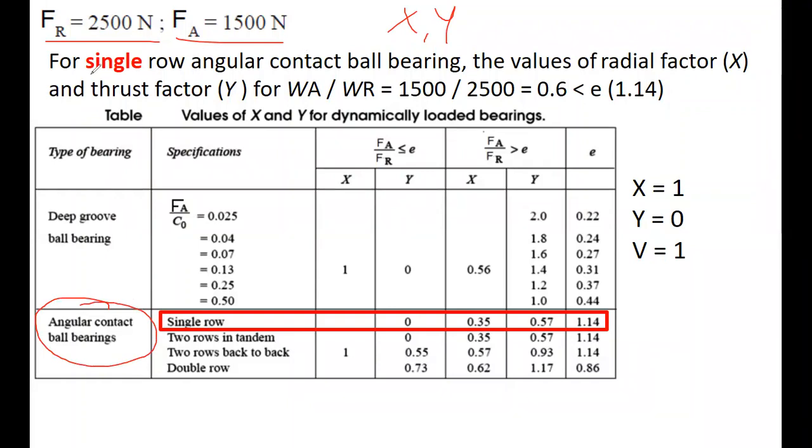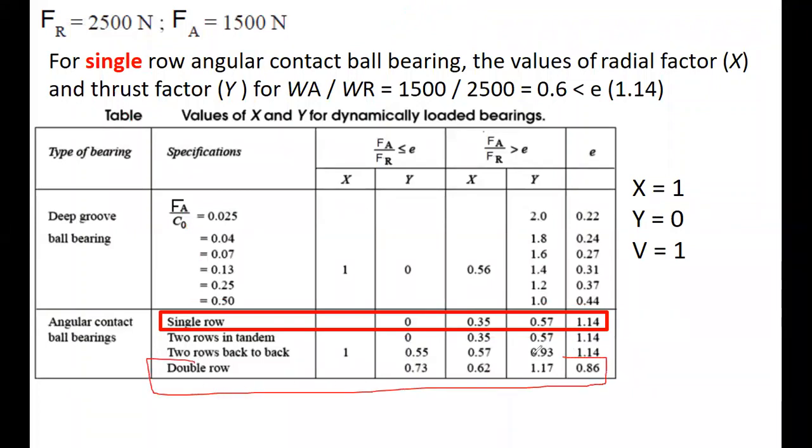Since the numerical is of a single row, we are going to see this table, the portion I have highlighted in red. If the numerical was of a double row, then I would have seen this other table. But for now, this is the numerical of a single row bearing.